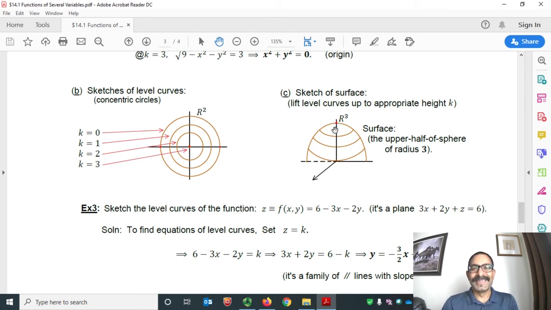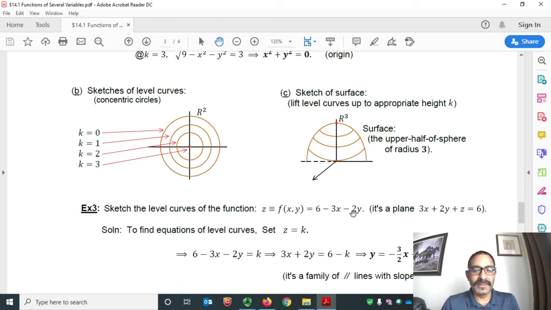Haha, I'm just kidding. So this center goes to this north pole, and this circle is here, the middle one is here, and the bigger one is here. So the surface is the upper half of the sphere of radius 3. I hope this idea makes sense to you all.